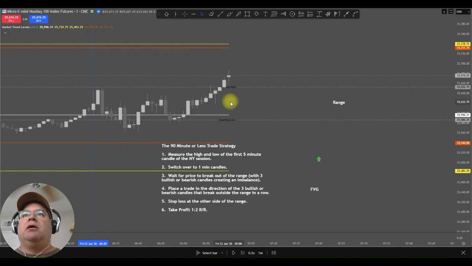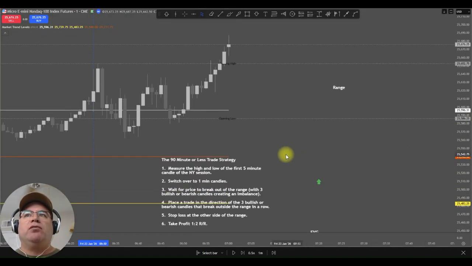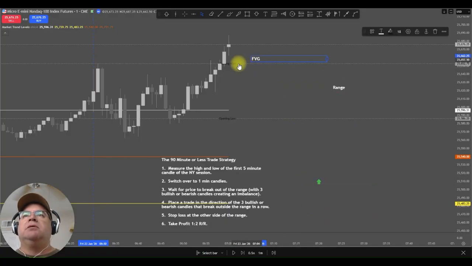I'm just going to make this a little bit bigger, because what we're looking for is what I call an imbalance or a fair value gap. Now, 1, 2, 3. These are the 3 candles. Let me just put a circle around them.